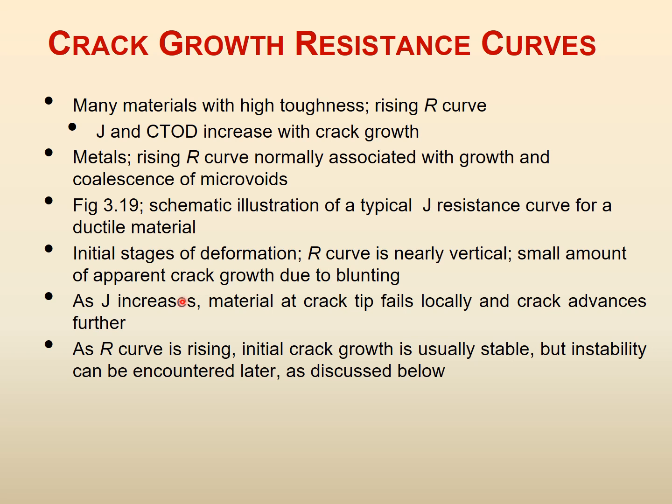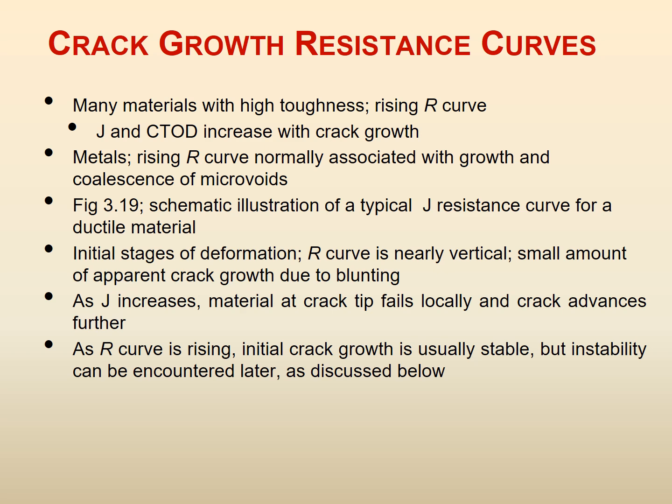As J increases, the material at the crack tip fails locally and the crack advances further. As the R curve is rising, the initial crack growth is usually stable, but instability can be encountered later, as we will discuss shortly.